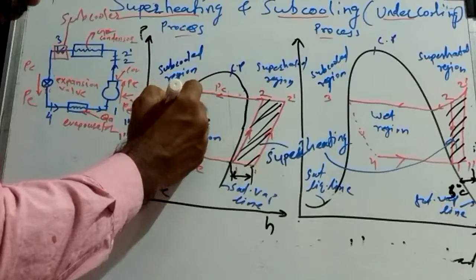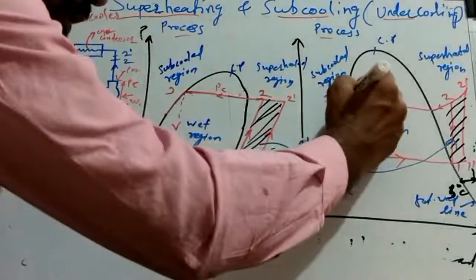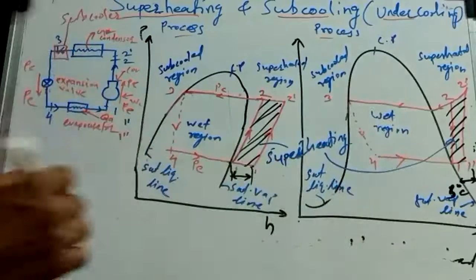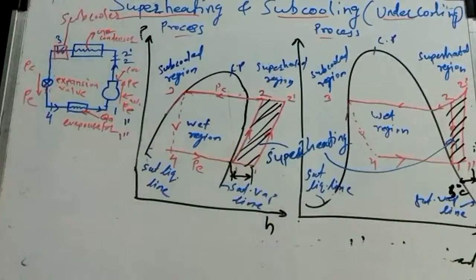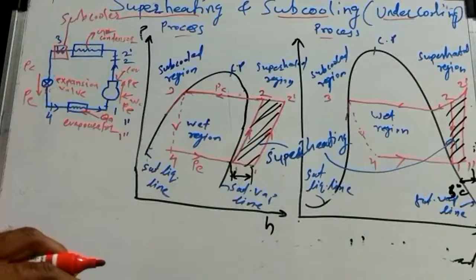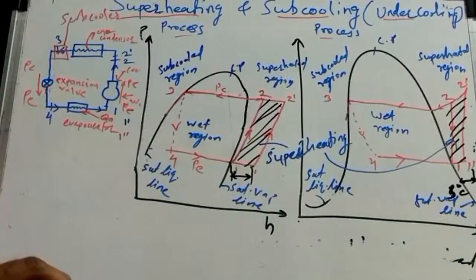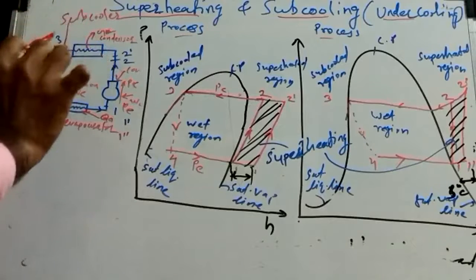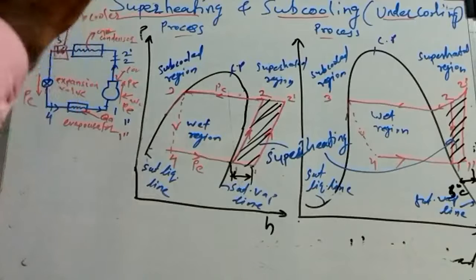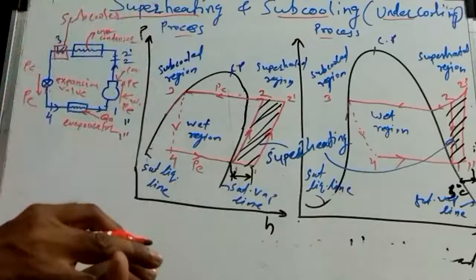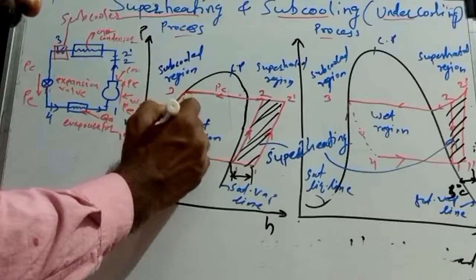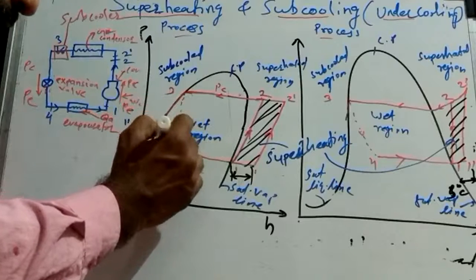We follow a subcooling process, and by doing this we can decrease the temperature. As the temperature decreases, whatever vapor content remains after the condensation will be completely flashed out, and that's why the refrigeration effect will increase.